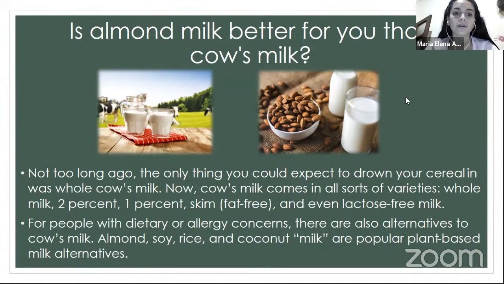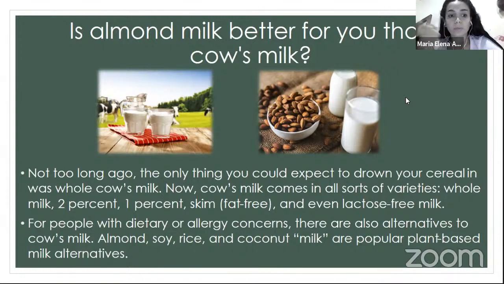Not too long ago, the only thing you could expect to pour on your cereal was whole cow milk, but now cow milk comes in a variety of types. For example, 2%, 1%, skim that is fat free, and even lactose free milk.